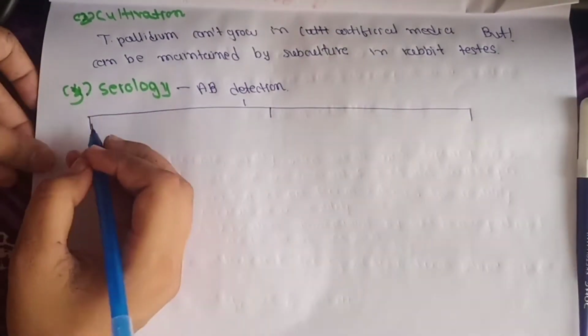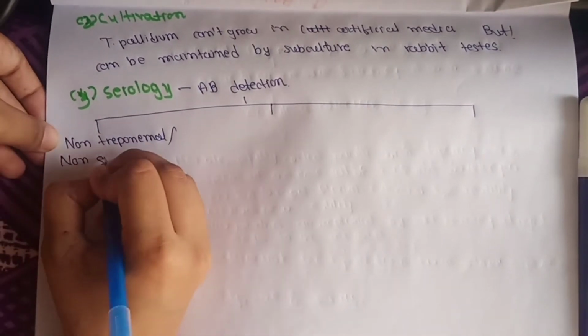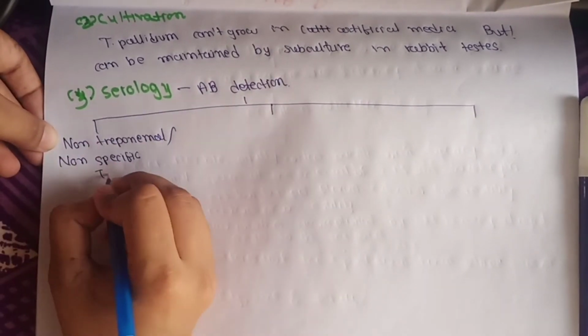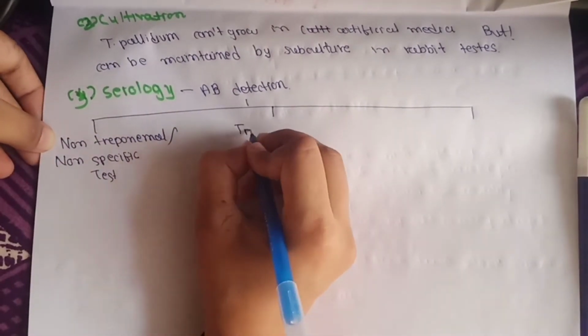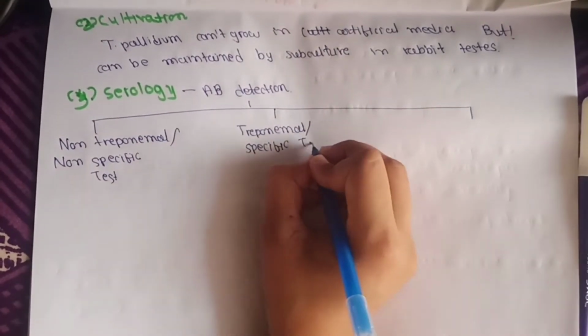This serology is divided into three. First is the non-treponemal or non-specific test. Second is the treponemal or specific test. And the last is the group-specific test.